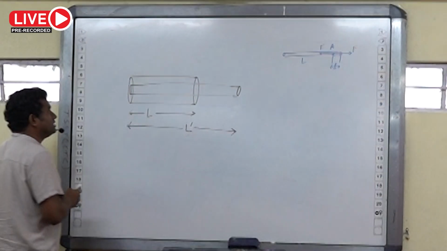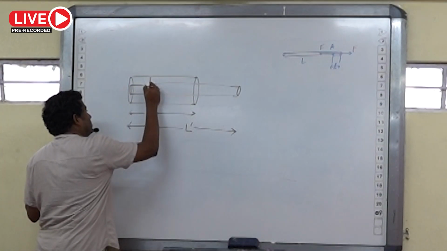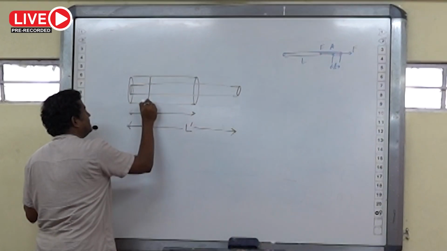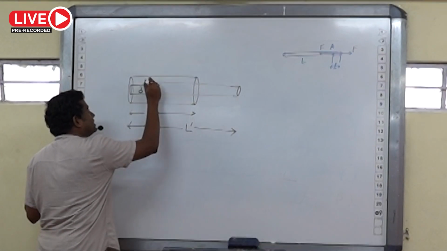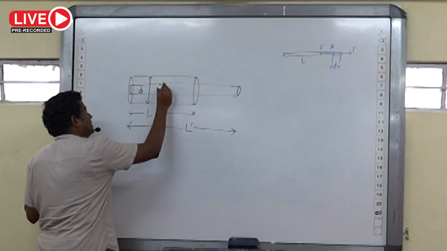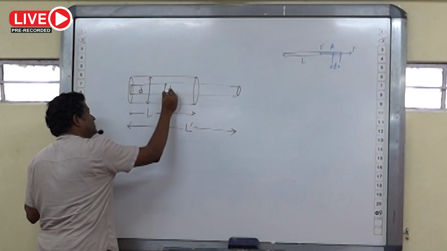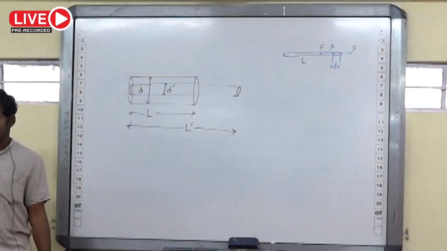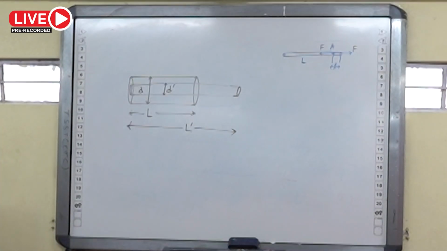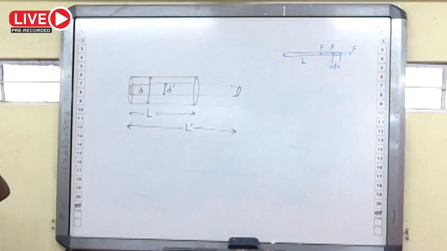Similarly, I define the diameter in the first case as small d. Diameter in the second case is changed to d prime. Initial length L, final length L prime. Initial diameter d, final diameter d prime.